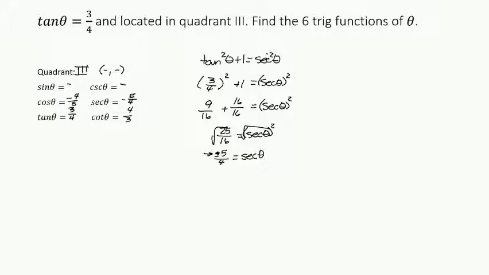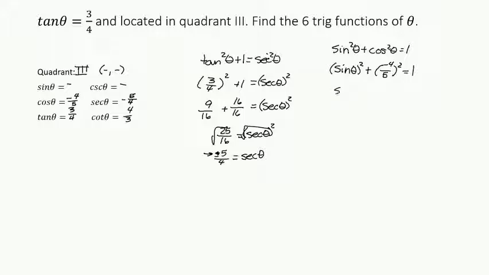So the next property we're going to use is sine squared theta plus cosine squared theta equals 1. So with this, you know that the sine of theta squared, which is what we're looking for, plus negative 4/5 squared is going to equal 1.